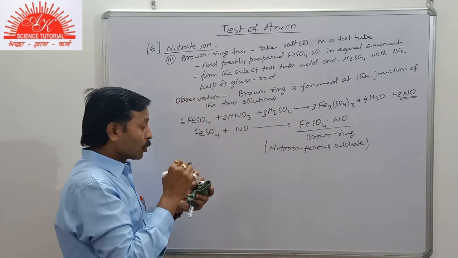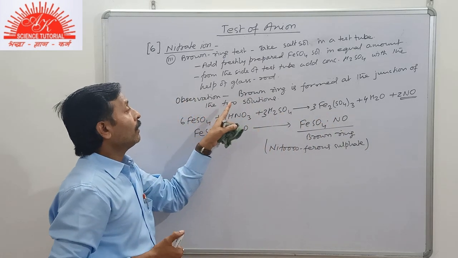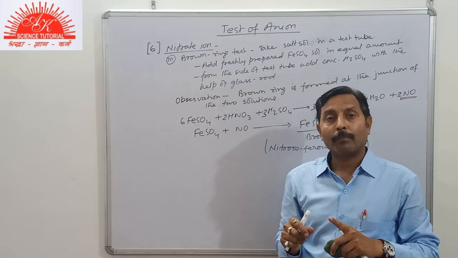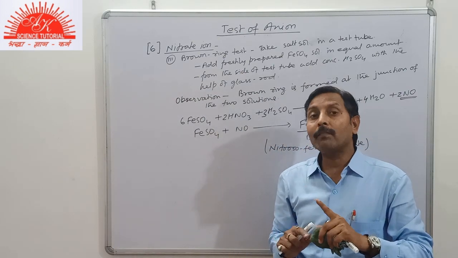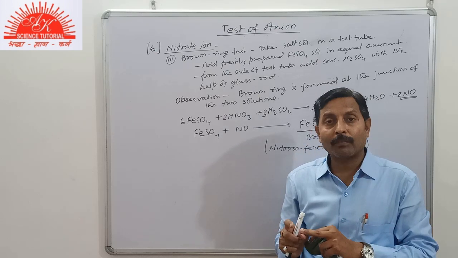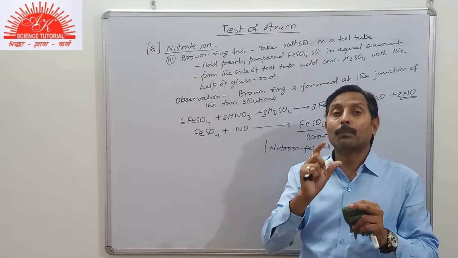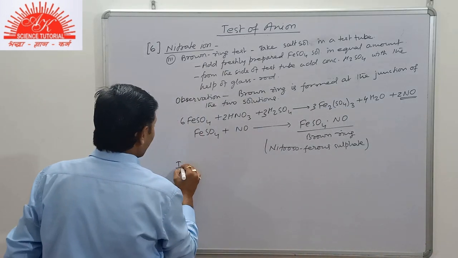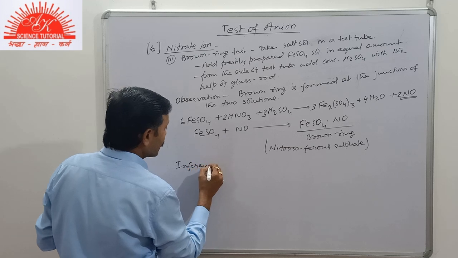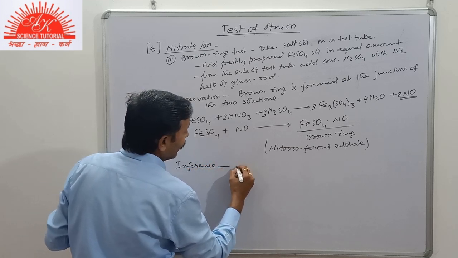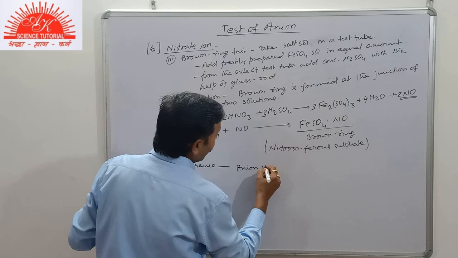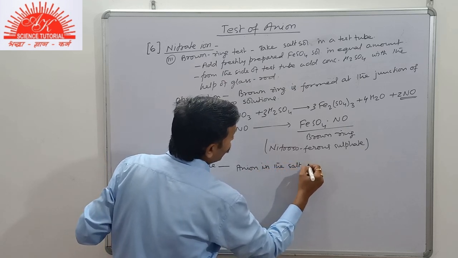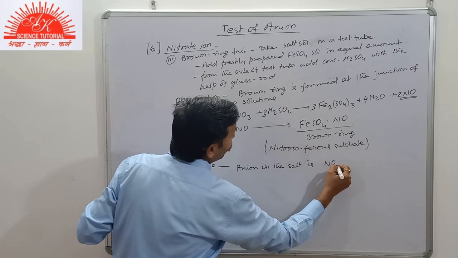One thing has to be remembered here, students: in this case we always use freshly prepared ferrous sulfate, because if it is left for some time, it will be oxidized to ferric sulfate, which does not respond to the brown ring test. So in all these cases, the inference is that the anion in the salt is NO3.